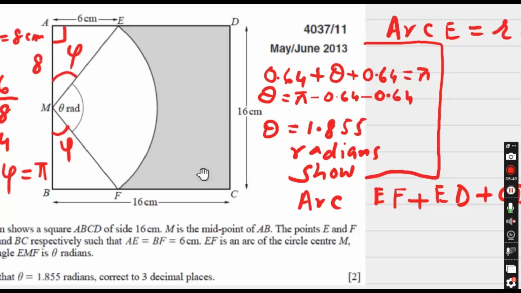To find the radius from this diagram is very easy. Why? Because triangle AEM is a right angle triangle, and EM is the radius of this circle. So we can use Pythagoras theorem to find EM.